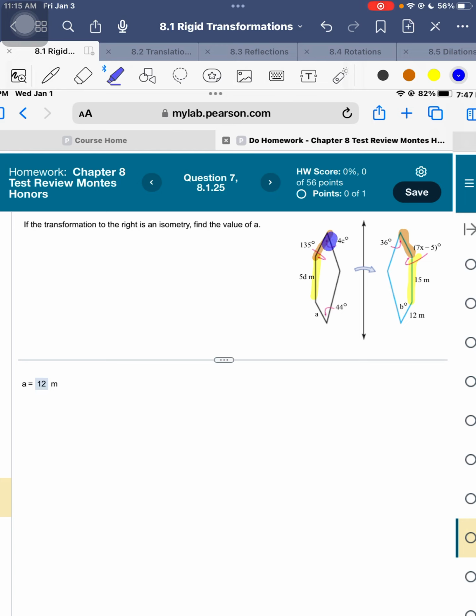This angle right here is going to be equivalent to this angle. So what is it that they actually want us to find? A. So this guy is going to be equivalent to this guy. So what's my A? It's 12. That's it.